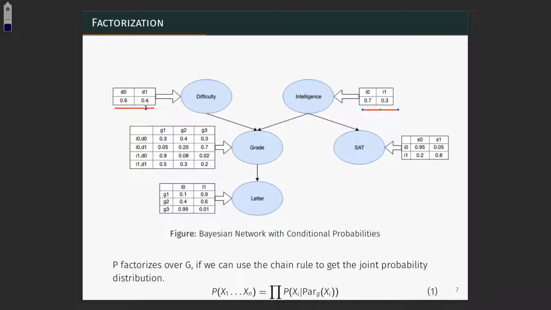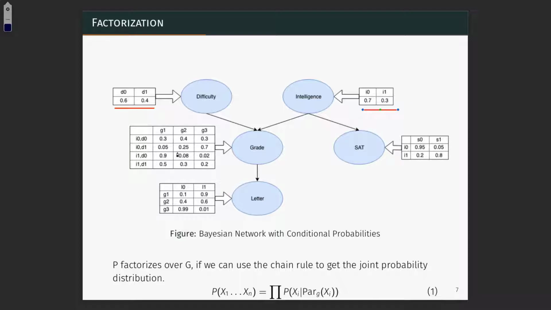They don't have any dependencies on other nodes. The probability of getting a person that is intelligent is 0.3, and the complement is 0.7. Just keep in mind that the sum of the rows has to be always 1.